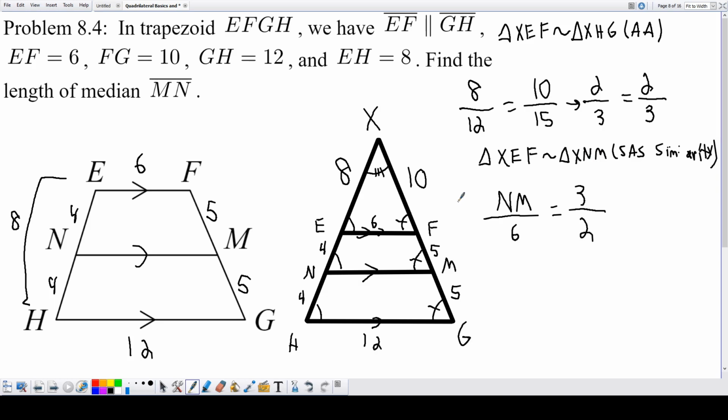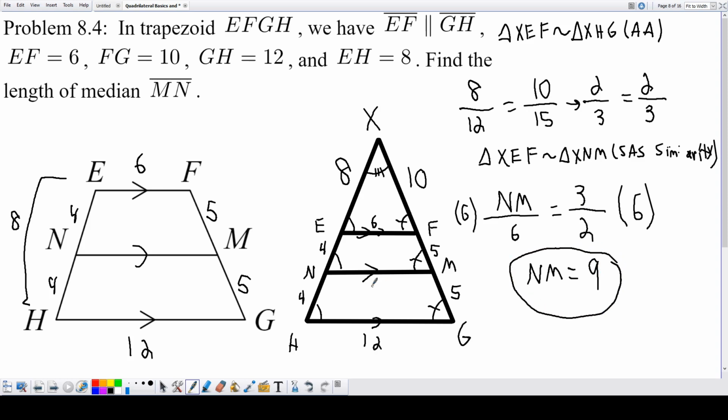Multiply by 6 on both sides, and we get that NM is equal to, well, half of 6 is 3, times 3 is 9. And we get our answer.